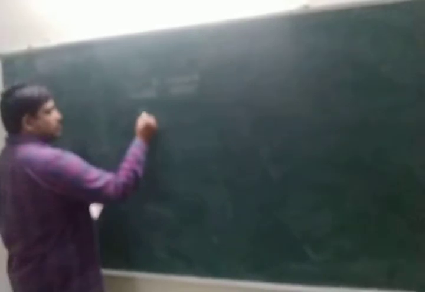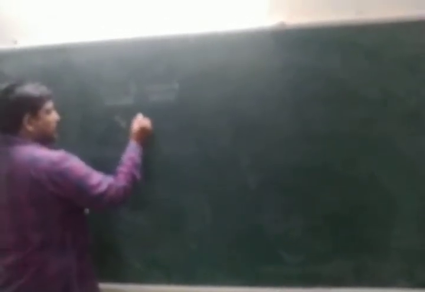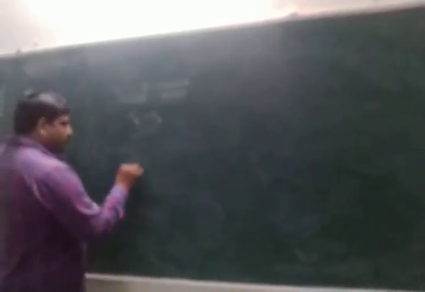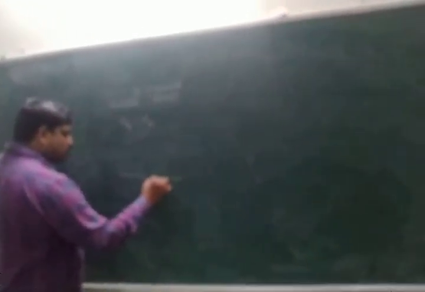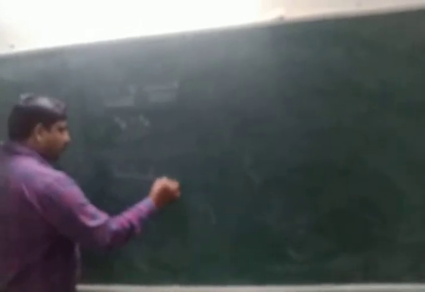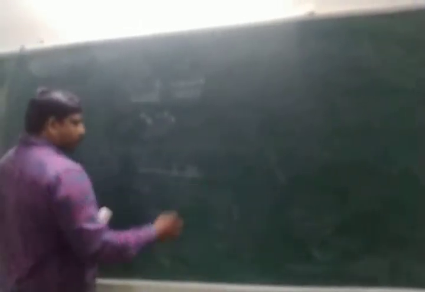Here, the condition is EC greater than EL. This is the next condition, Nana. This is the second condition. What is the phasor diagram? This is I. This is ER.